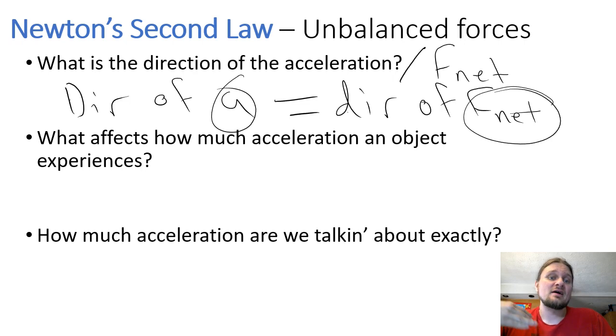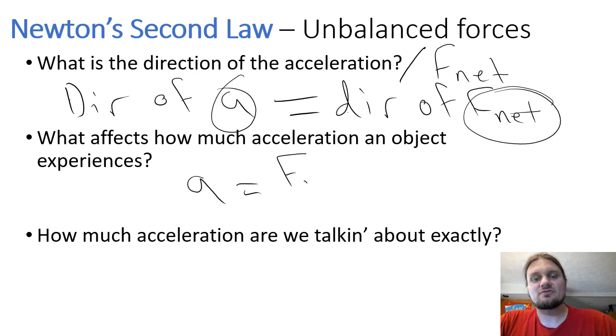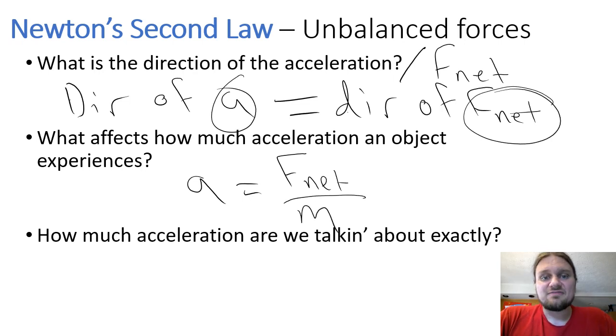Okay? Newton's second law tells us not just the direction and not just that it is or isn't accelerating, but it also tells us exactly how much acceleration an object experiences. And we get that from this handy-dandy equation where a, the acceleration, is equal to the net force divided by the mass. So if we know the net force and the mass on an object, we divide them to get the acceleration.